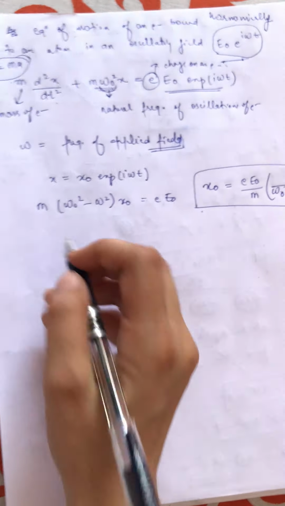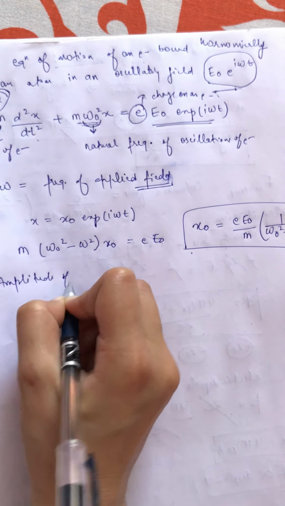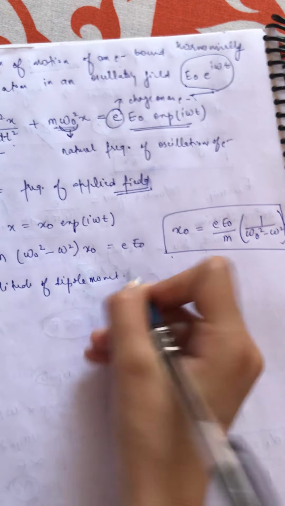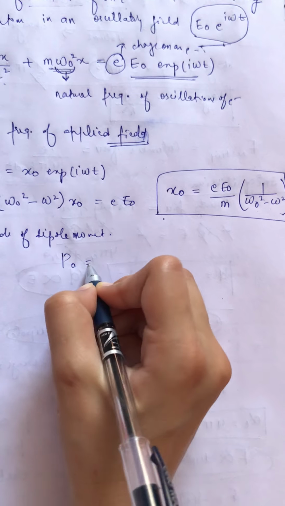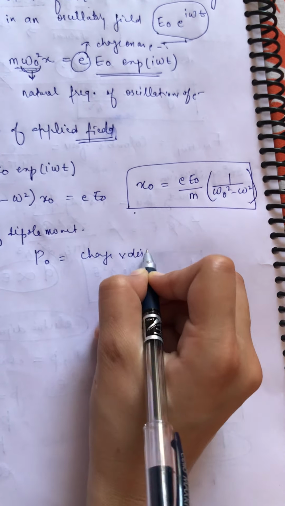Now we will find the amplitude of the dipole moment. So P naught is equal to, same as here, the charge into displacement.